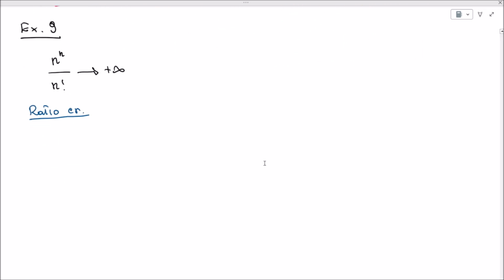And let's prove this by once again applying the ratio criterion. So we need to first evaluate the limit of a_{n+1} divided by a_n, which in this case is (n+1) to the n+1 divided by (n+1) factorial, and then times n factorial divided by n to the n.